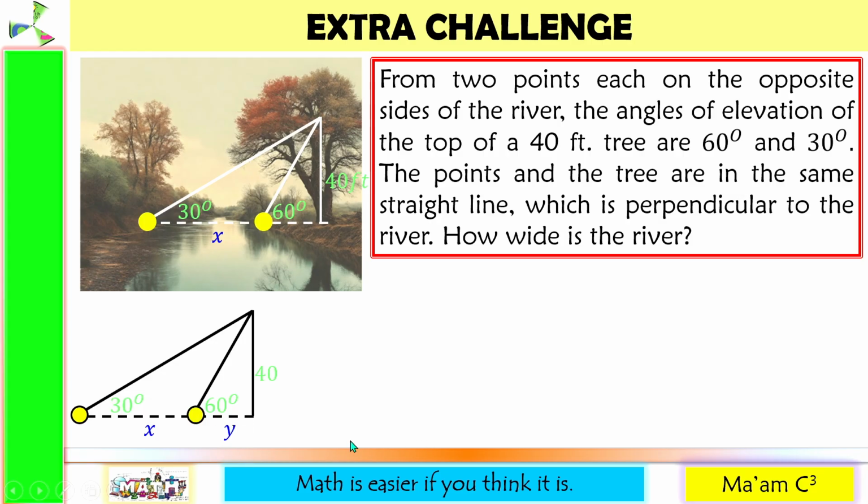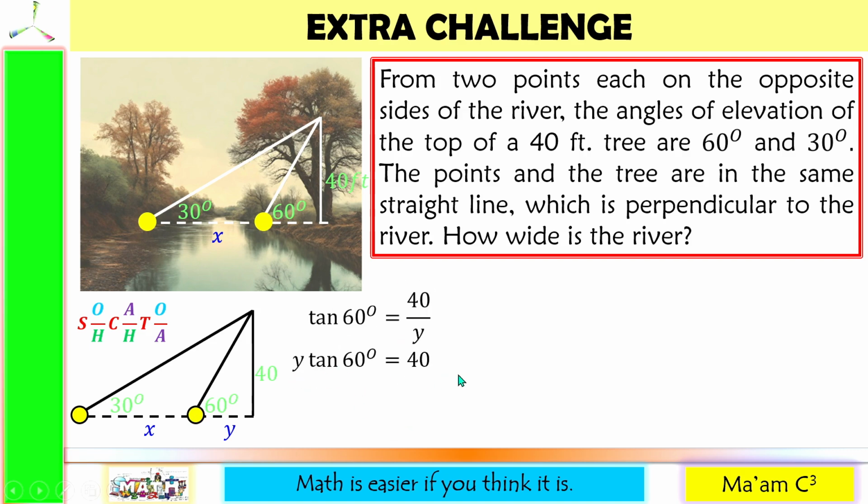Now let's recall our SOHCAHTOA. And I'll start with this triangle. In reference to this triangle, this side, the 40, is opposite, while y is the adjacent. Opposite and adjacent, I'm going to use tangent. Tangent 60 degrees is equal to 40 divided by y. Let's do cross multiplication.